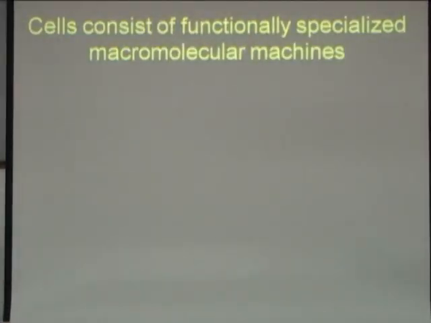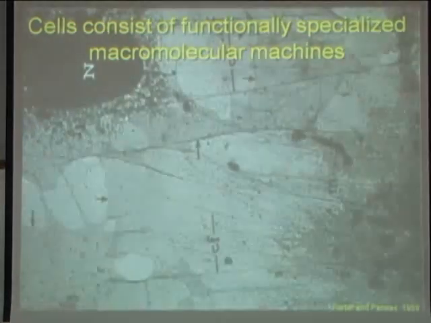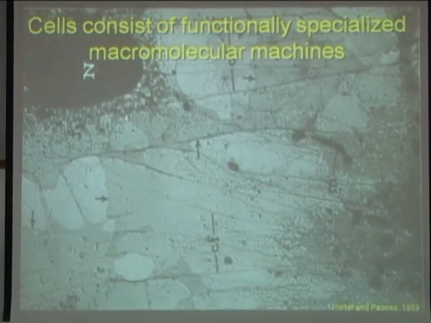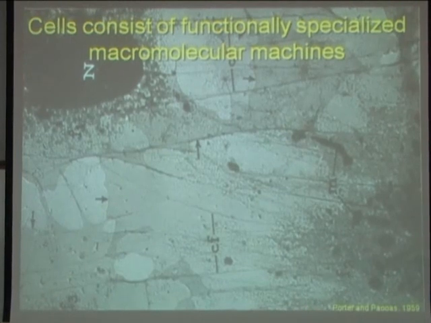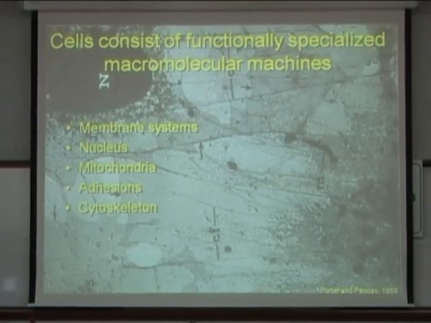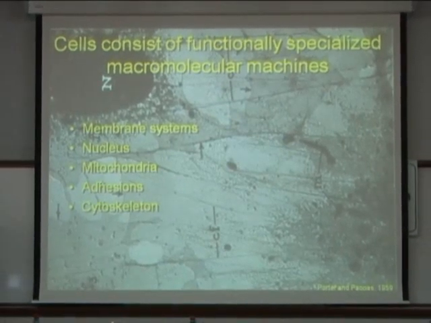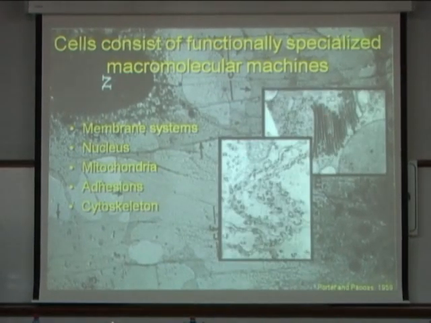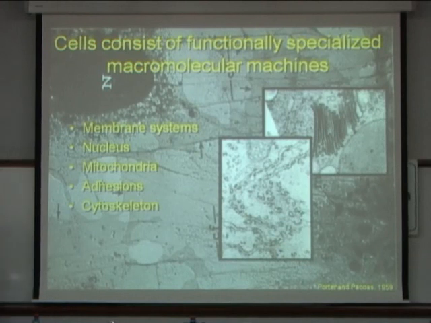So inside the cell, as we all know, and as seen in this electron micrograph from the 50s from Keith Porter's lab, are subcellular organelle systems that are specialized to perform specific jobs. These include the membrane systems, such as the Golgi apparatus and the endoplasmic reticulum, that compartmentalize protein production, intake, destruction, and secretion.